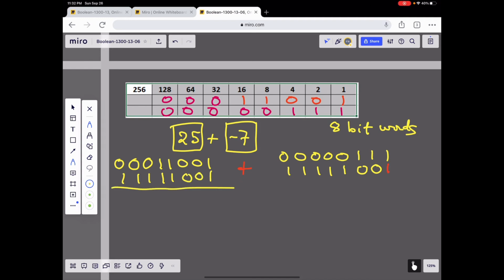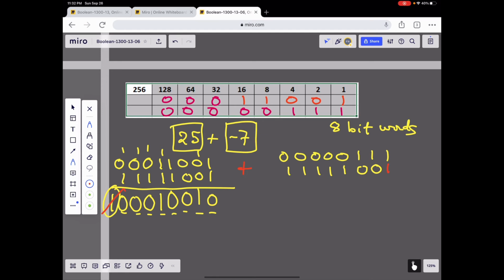So then you combine them together, 1 plus 1 equals 0, carry 1. 1 plus 1 equals 0, carry 1, carry 1, carry 1, and 0. Now we got 1, 2, 3, 4, 5, 6, 7, 8. And 8-bit, and then 1-bit, it overflows, so you discard that one. Discard that one. So the answer is 1, 0, 0, 1, 0.